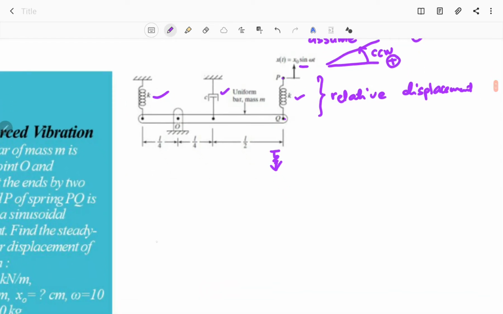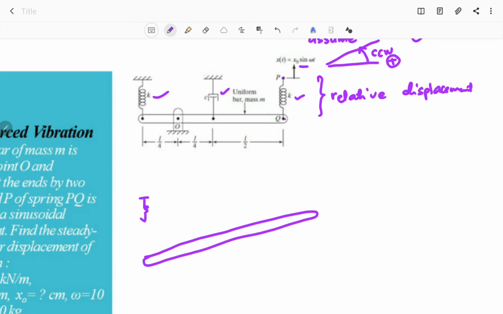Let me just draw that a little bit more. Let me start over here, and then you have your K here, so it's easy for you to see. So K goes down because this side of O is going down, and this side goes up. So your C will eventually go up.